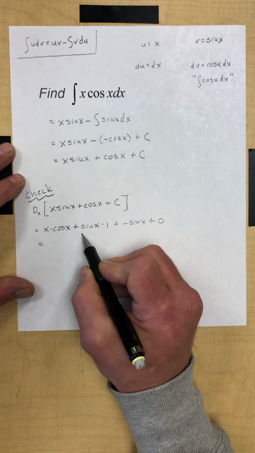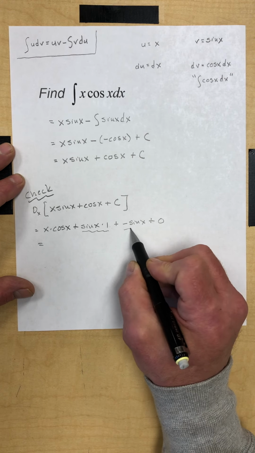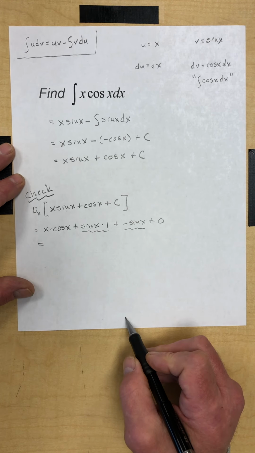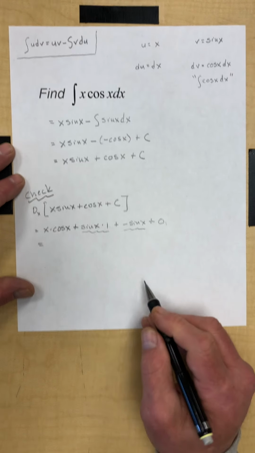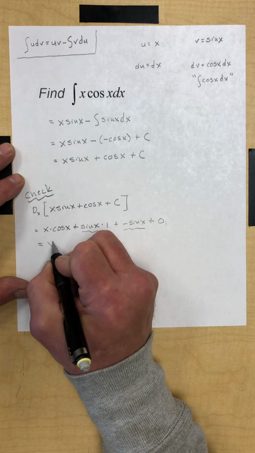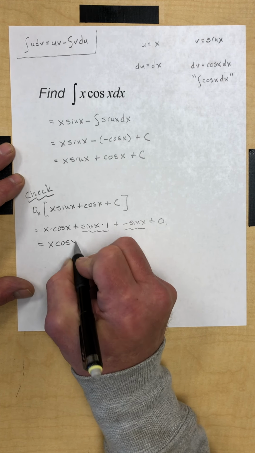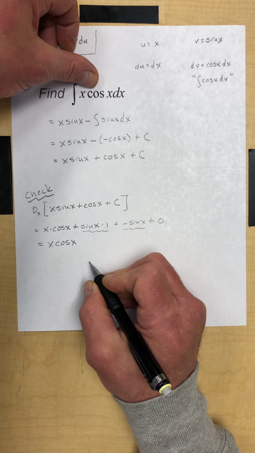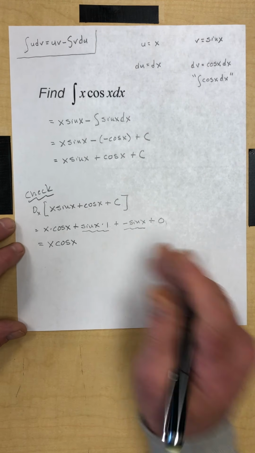If we look here, this is sine of x, this is negative sine of x, so they cancel each other out, and the 0 goes away, so I'm just left with x cosine of x, and that's my original integrand, so my answer is correct.